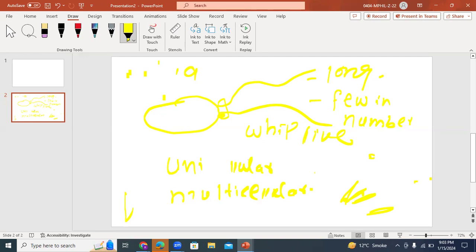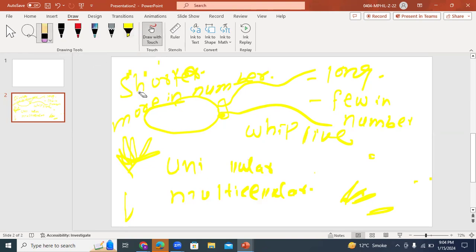I'm writing here, shorter. These are the structures, like this, very small structures. Although both have the same sort of composition, their size is very different. One is elongated, the other is shorter. So cilia are shorter and more in number. For example, I'll show you a diagram on which the cilia are present.